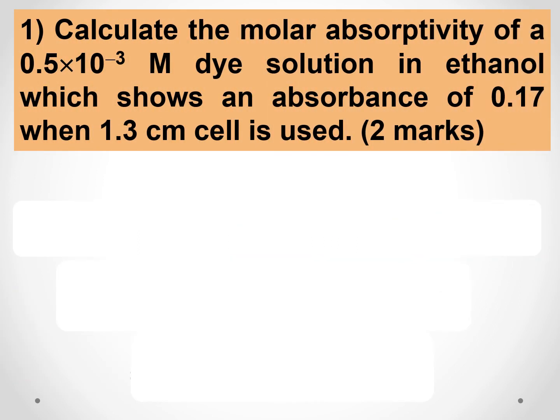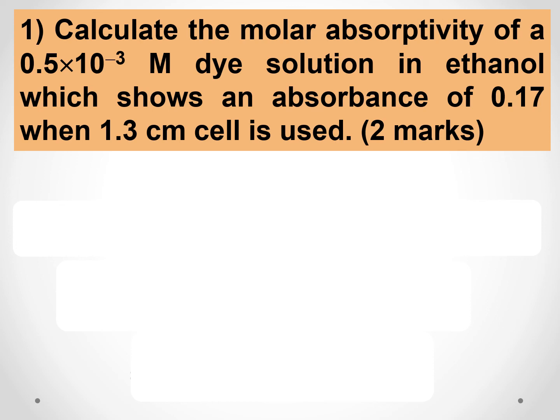This is the first question. Calculate the molar absorptivity of a 0.5 into 10 raised to minus 3 molar dye solution in ethanol, which shows an absorbance of 0.17 when a 1.3 centimeter cell is used.